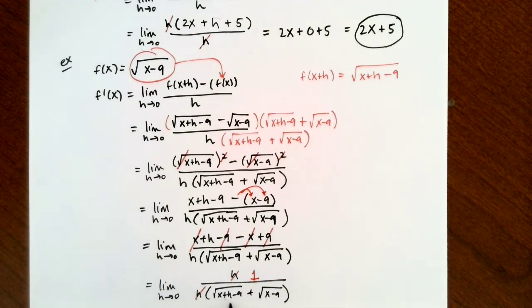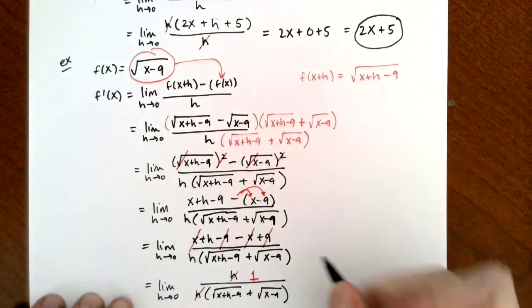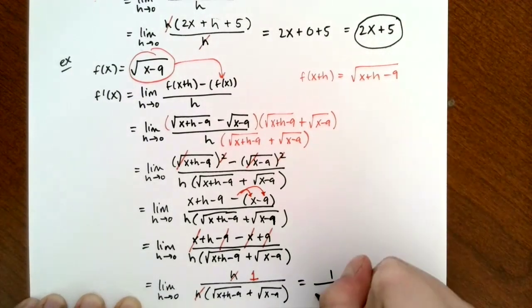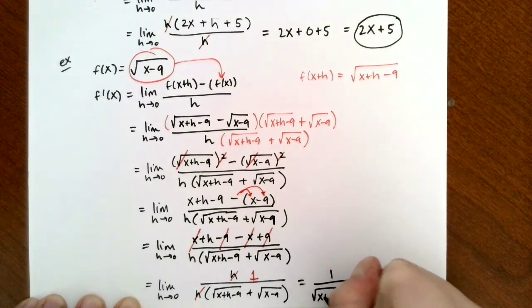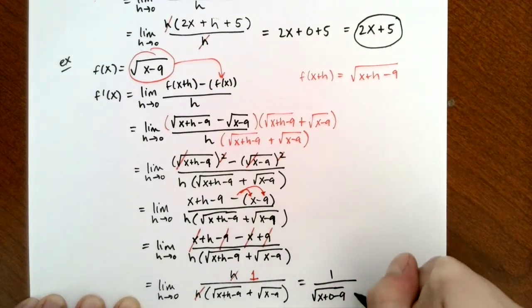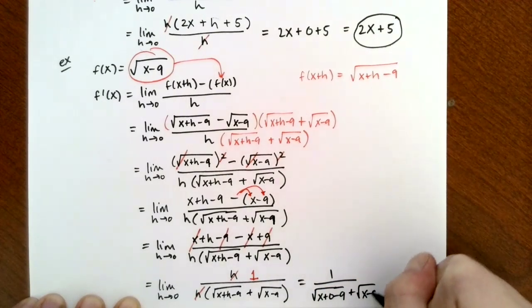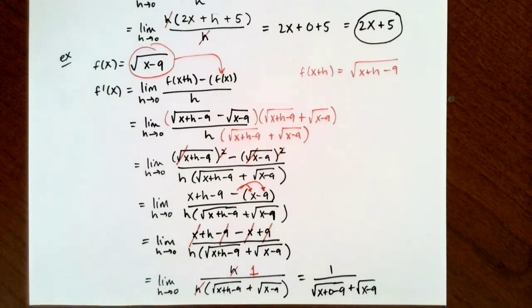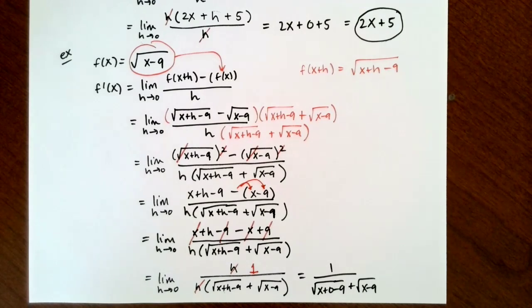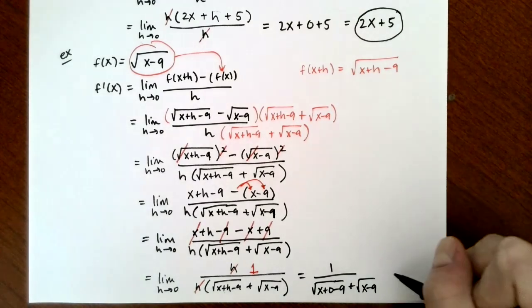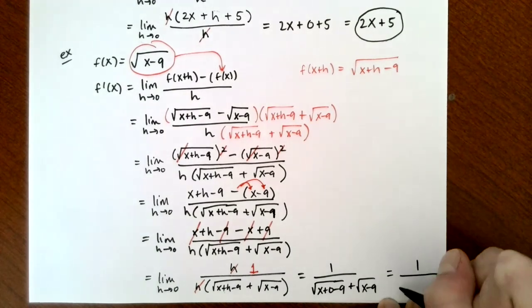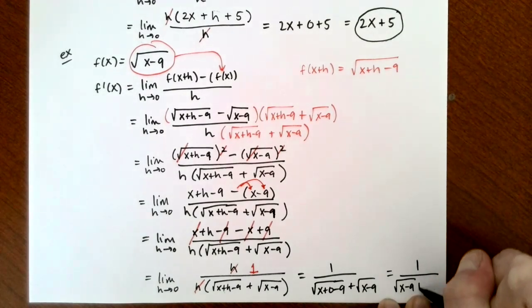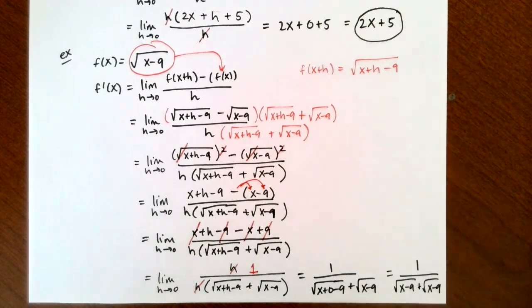It's just right here, this one h gets filled in with the 0. So I have 1 over square root of x plus 0 minus 9 plus root x minus 9. So this denominator is root x minus 9 plus another root x minus 9. So you can leave it exactly that way. 1 over root x minus 9 plus root x minus 9.